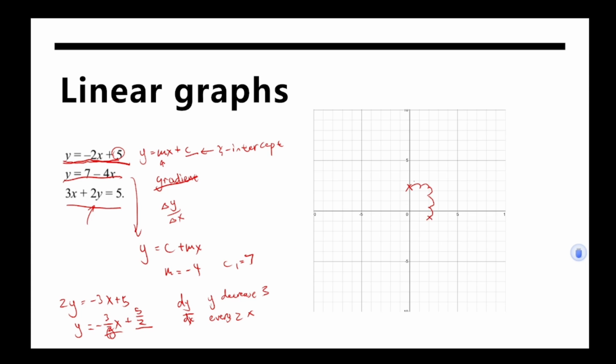Remember, the first y value starts at the half. So next, 1, 2, decrease by 3, 1, 2, 3. So here we got 2 points, 3 points, and we line them up. So the graph would be something like this.